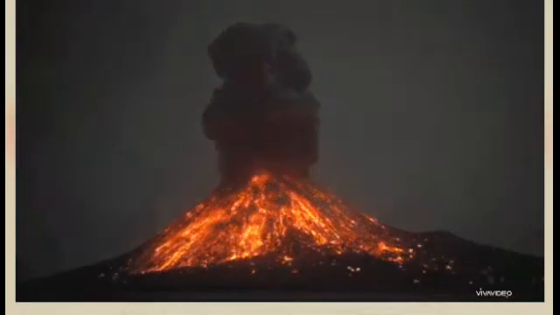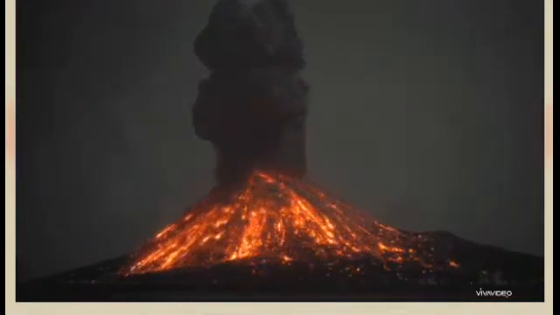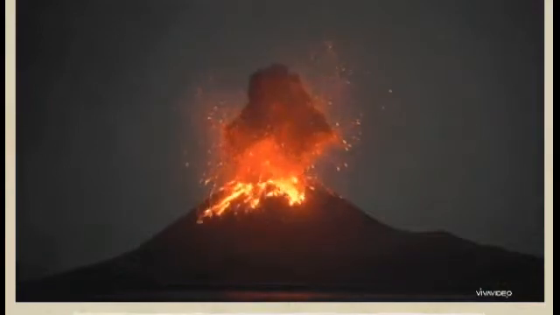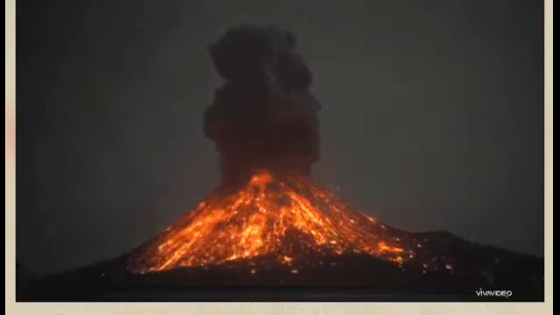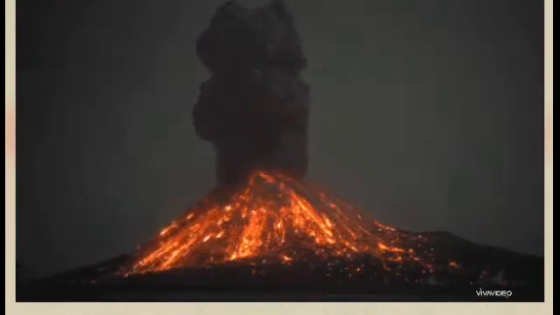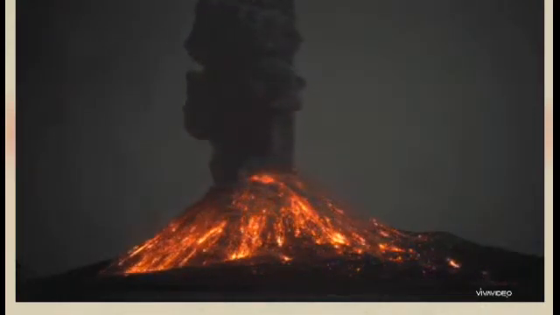Within the earth, it is so hot that some rocks slowly melt and become a thick flowing substance called magma. Since it is lighter than the solid rock around it, magma rises and collects in magma chambers.